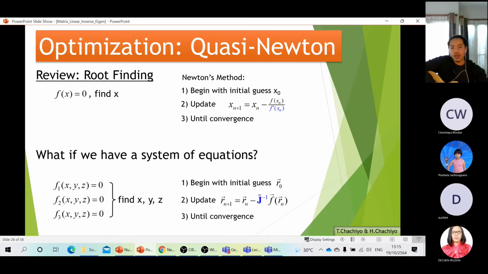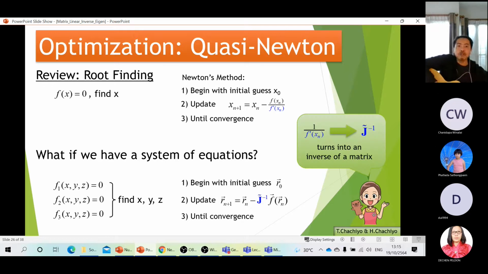Now, still the same concept, which we'll see later on in the actual example to make it clearer. But for now, you should make a mental note that we are turning this 1 over f prime into an inverse. So 1 over becomes an inverse of this nice matrix J, which we call the Jacobian matrix.